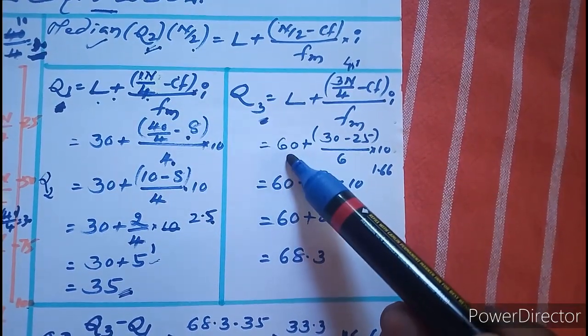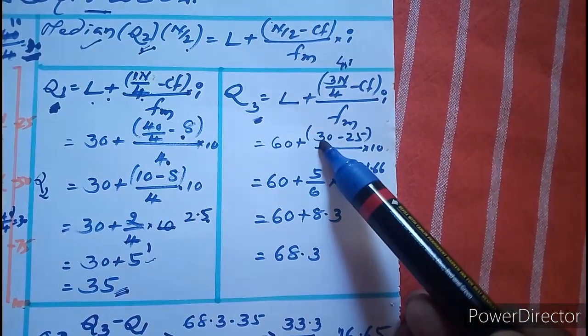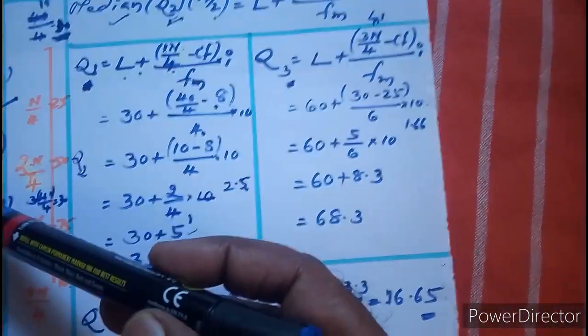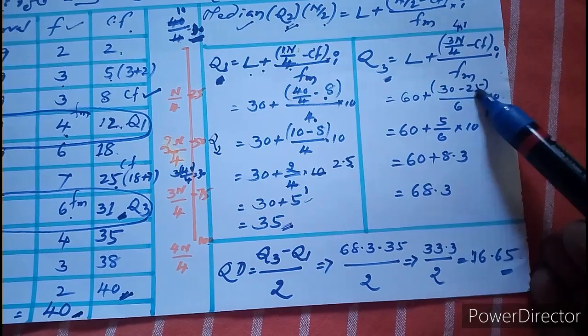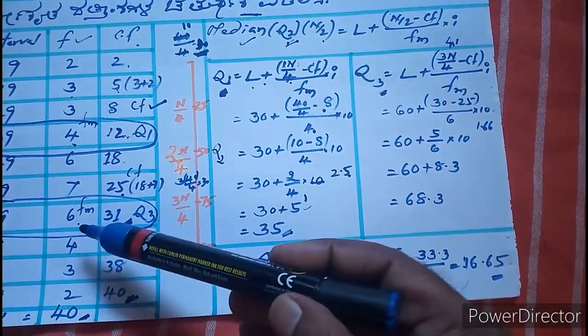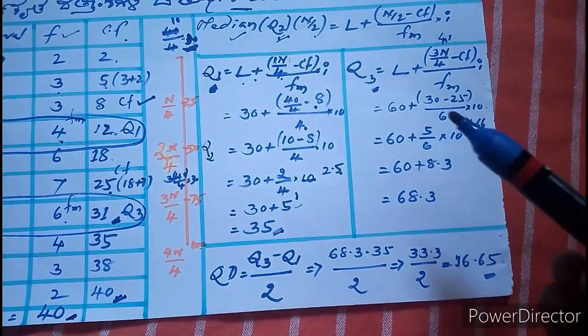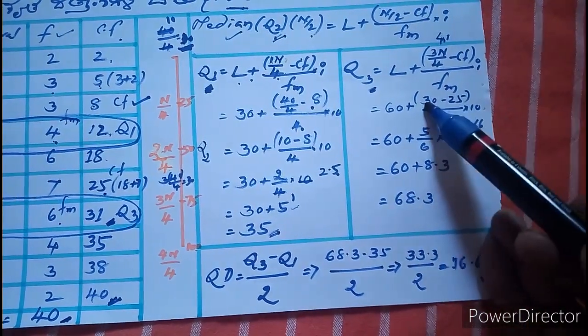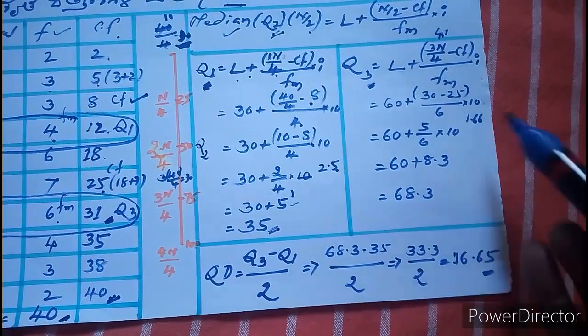L is 60 plus 3n by 4 is 30 minus Cf 25, divided by Fm 6, into width 10. 60 plus 5 divided by 6 into 10.